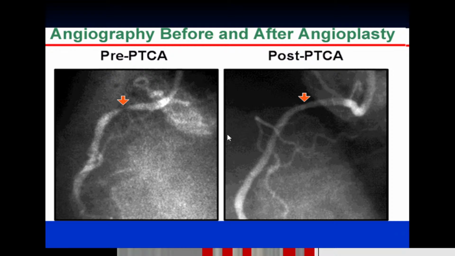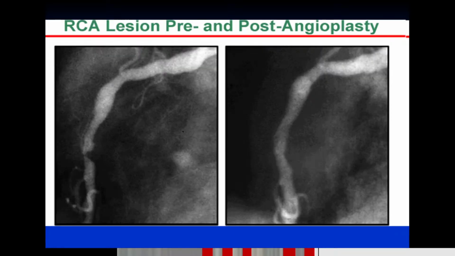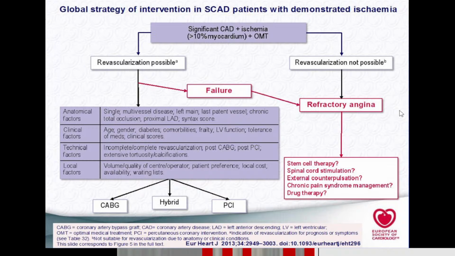Here is the right coronary artery before percutaneous transluminal coronary angioplasty and after performing this procedure. And the same, not same, but it's the patient with severe narrowing and the result of angioplasty. So we simply repeat this slide. You see here all the facilities we can use for treatment.